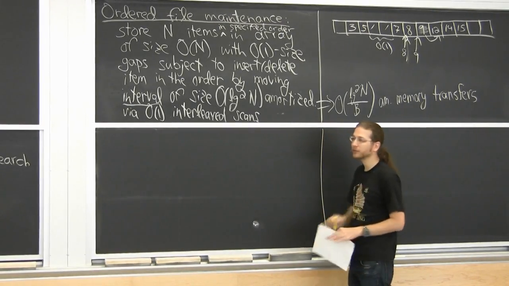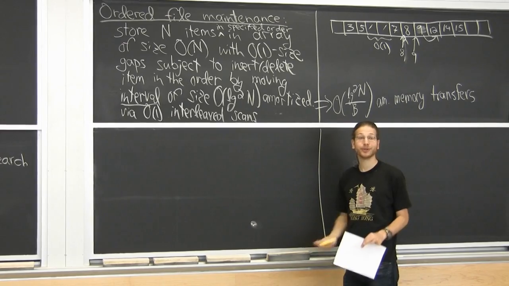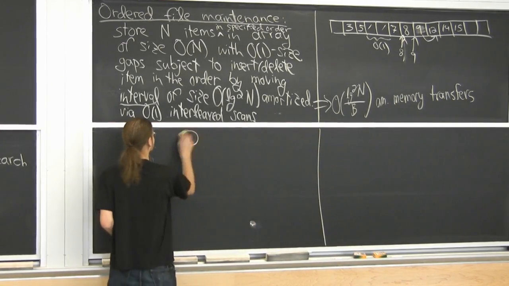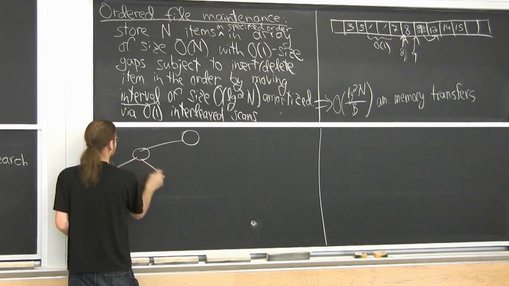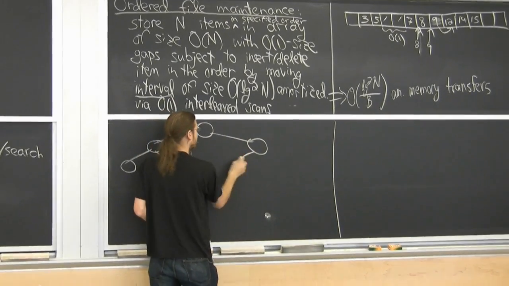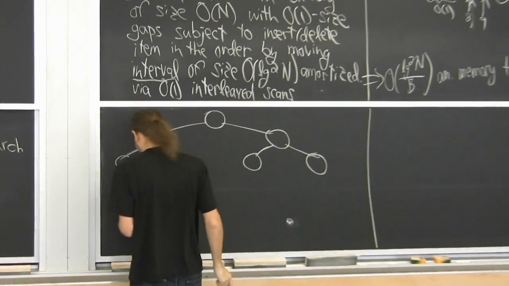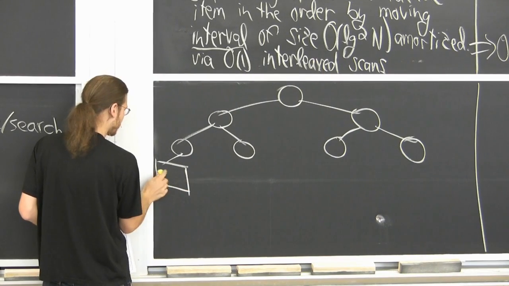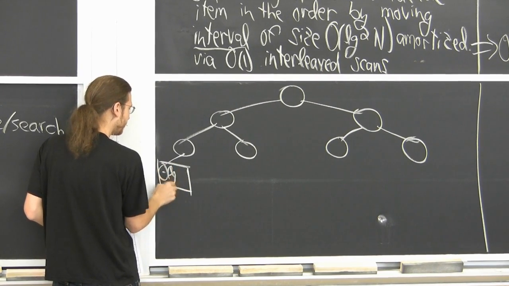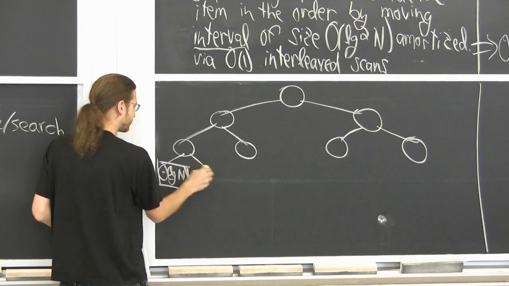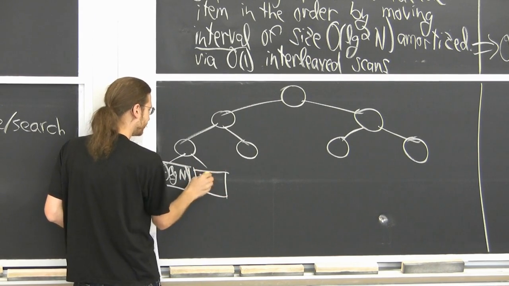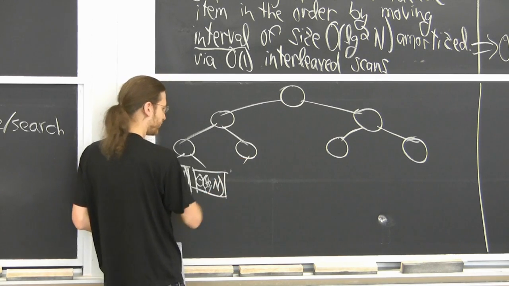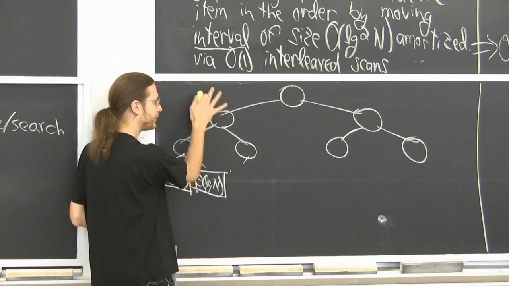And to think about intervals in a nice controlled way, we're going to build a binary tree, our good friend. Let me just draw this binary tree. Now, I need to do something a little bit special at the leaves. I'm going to cluster together log n items. So down here is the array, and all of this stuff up here is conceptual.